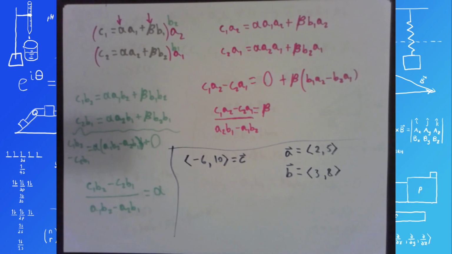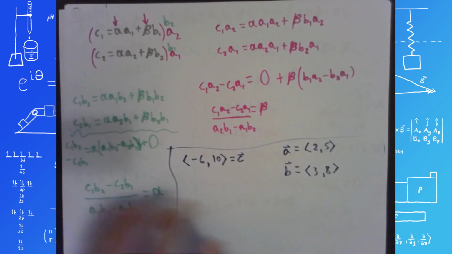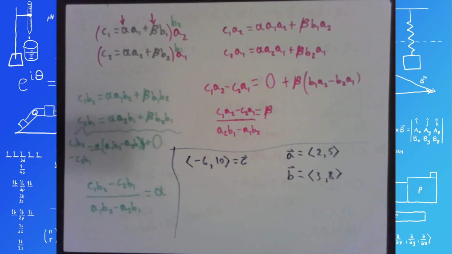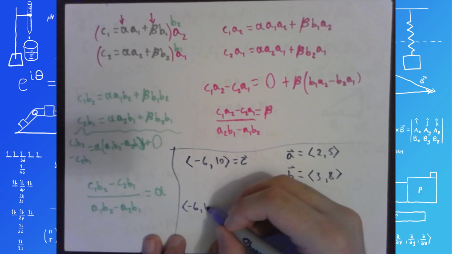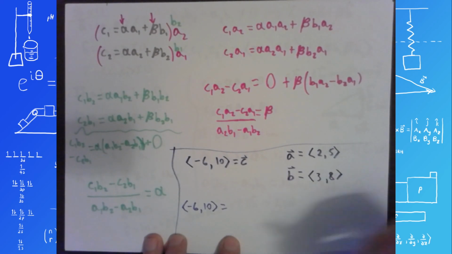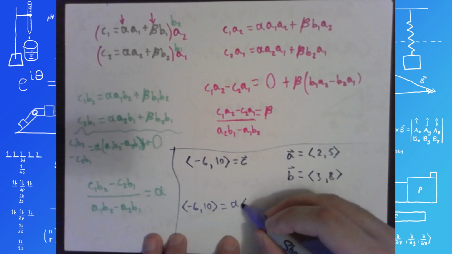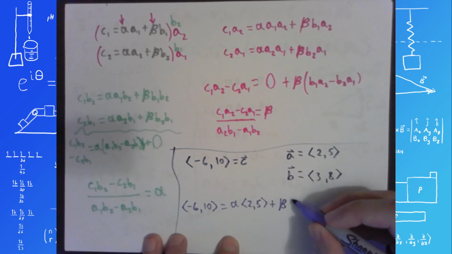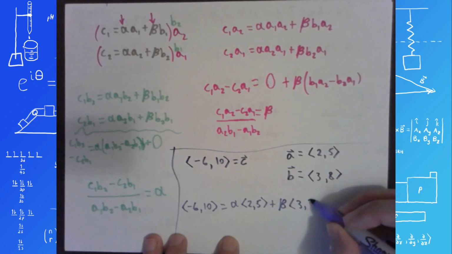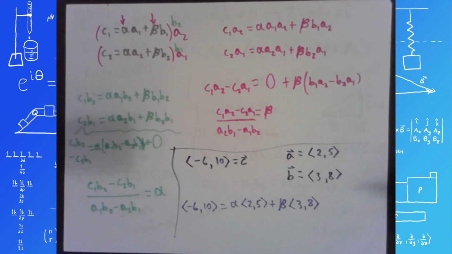Okay, so can I make negative 6 comma 10 out of these? The answer is of course, but let's actually watch it play out. So according to the formulas we derived, negative 6 comma 10 should be equal to alpha times 2 comma 5 plus beta times 3 comma 8. So what is alpha in this case?